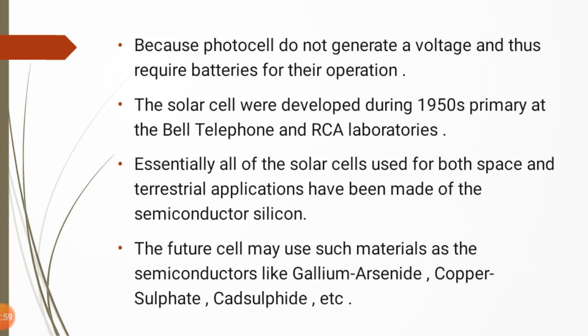After that there is a separation of the electron hole pair, and due to separation a corresponding electric field is generated, that is the voltage, and in this way we get electricity from the solar light. So with the help of all these materials, gallium arsenide, copper sulfide, cadmium sulfide, we are able to generate electricity, and these are the different materials used in solar cell construction in recent years.